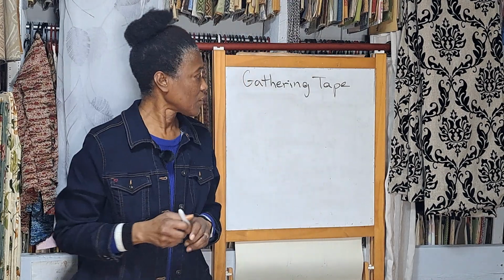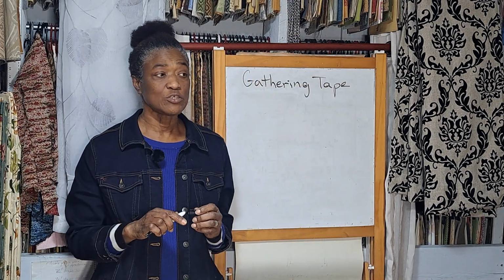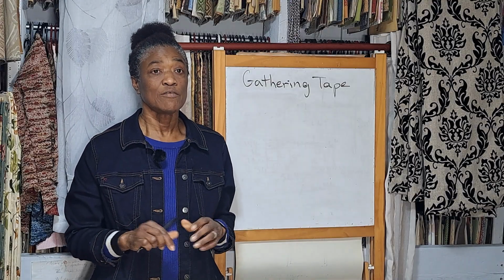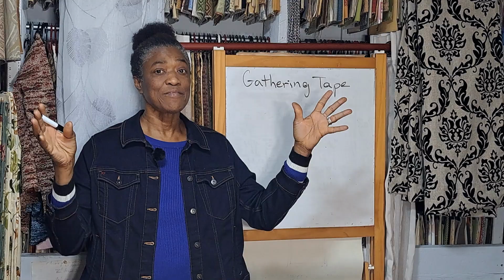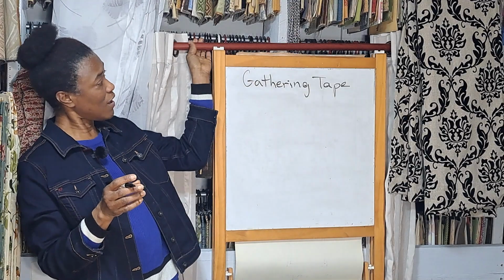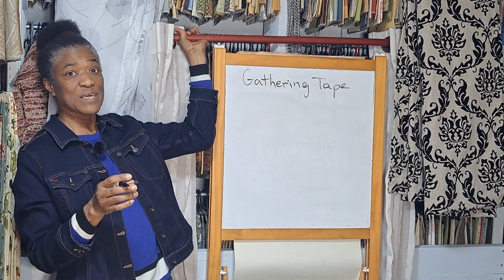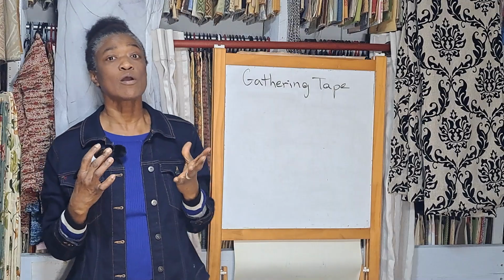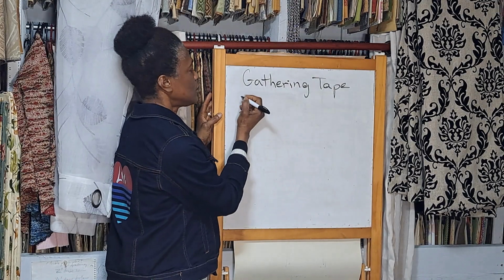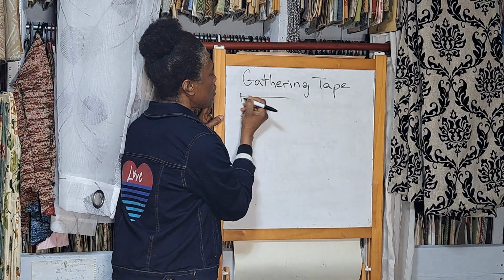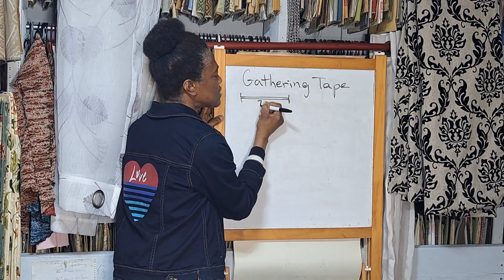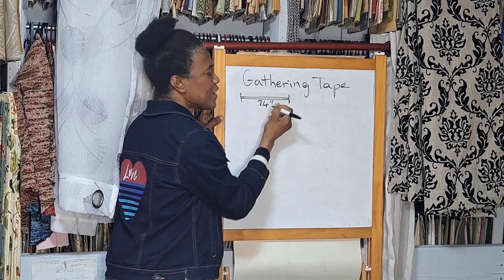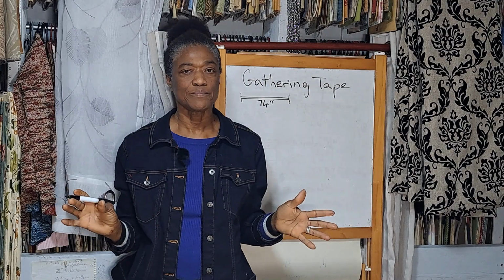So let's get started. The first thing we need to figure out is the length of the track, or the length of the curtain rod that will be used for our curtains. Let's say we are using a curtain rod that is 74 inches long.